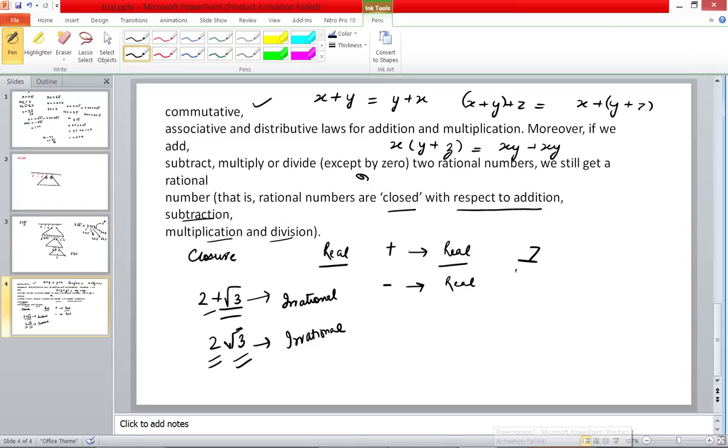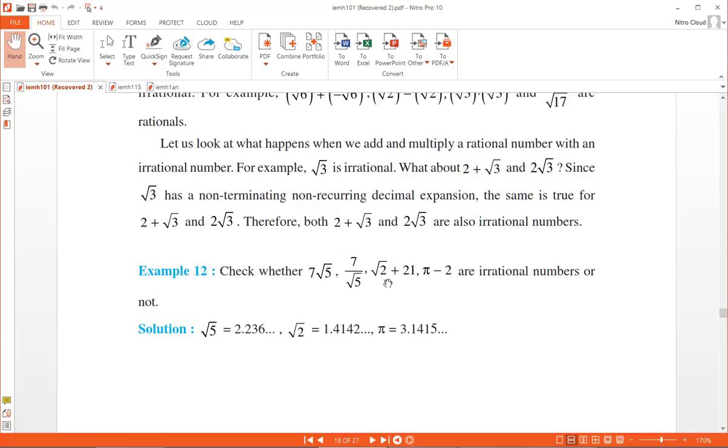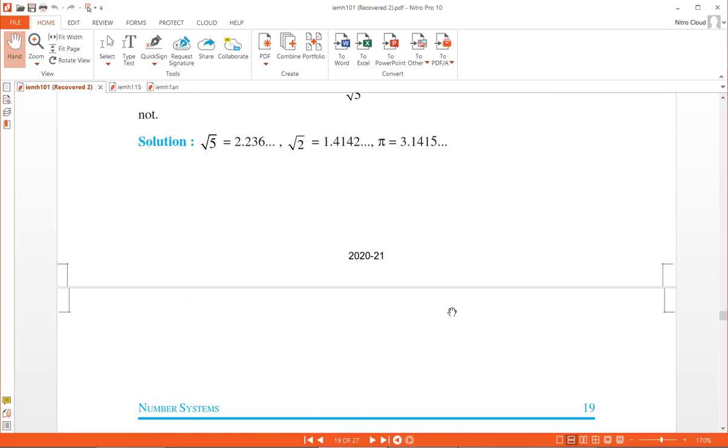I can just multiply root 5 and root 5 here. This still remains the same. So this becomes 7 root 5 upon 5. This is actually equal to 7 by 5 into root 5, which still remains an irrational number. Similarly, addition will not make it terminating. Subtracting will not make it terminating. So these still remain irrational numbers.